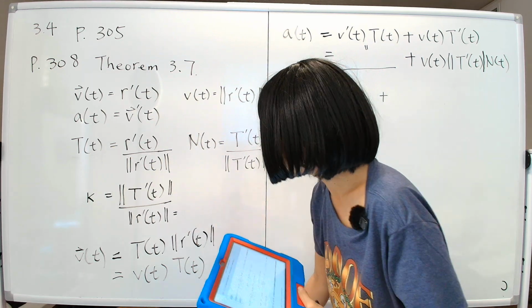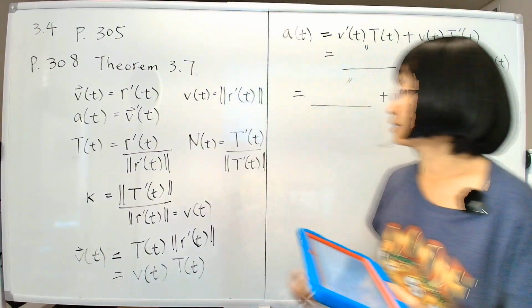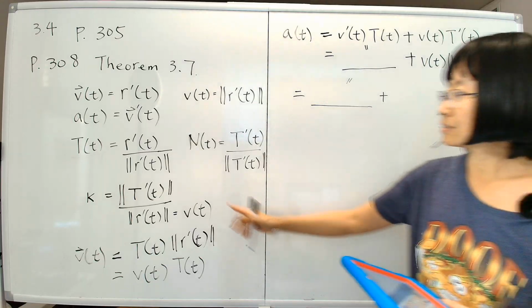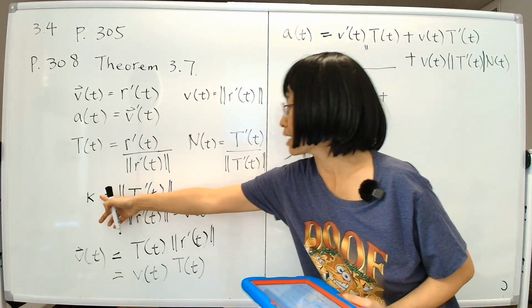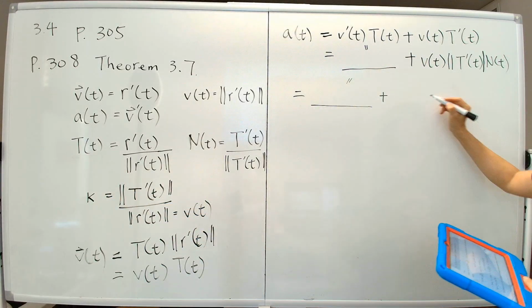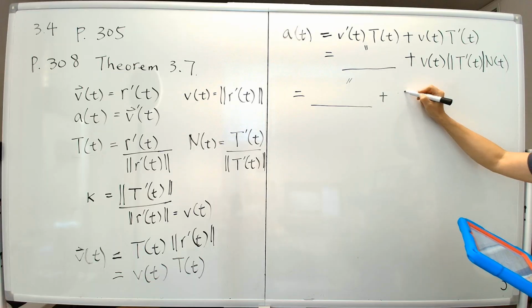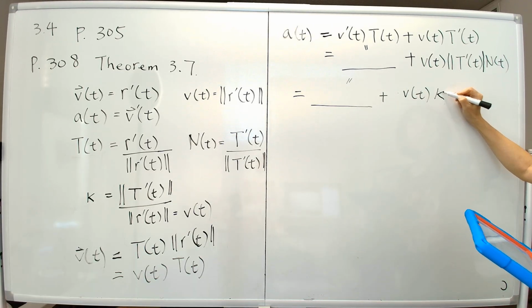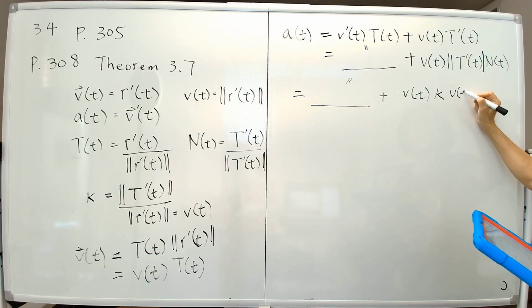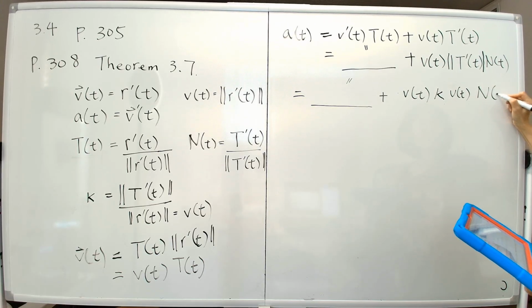Let's write that down. So eventually T prime, the tangent vector prime of t, is kappa times small v of t. We have this thing as v of t, and then kappa times v of t, and then N of t.